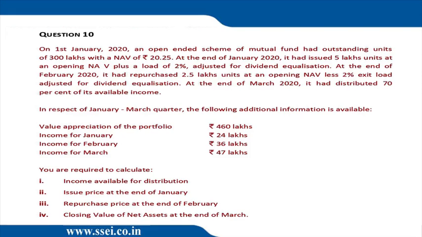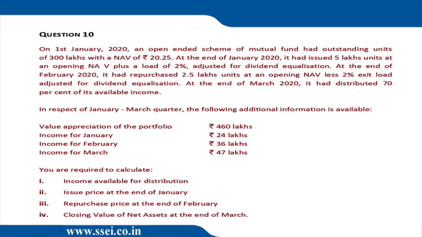And obviously the entire amount that we charge from the investor is 20.25, the opening NAV, plus 2%, that you can calculate. Let me calculate that for you. 20.25 into 1.02, that's for the load, is 20.65.